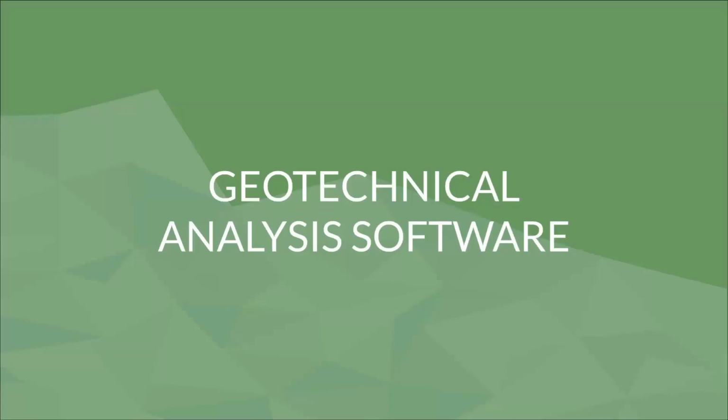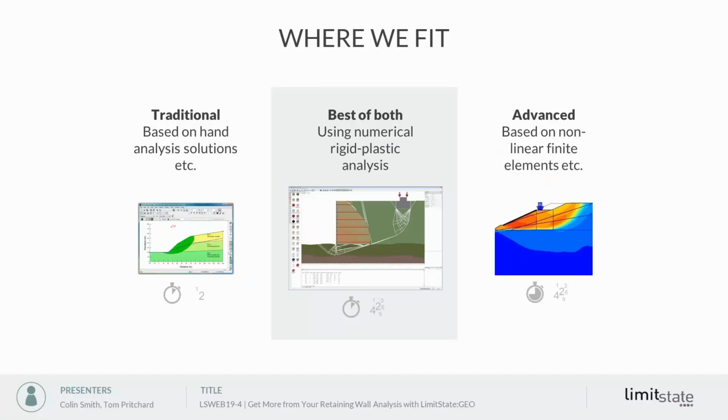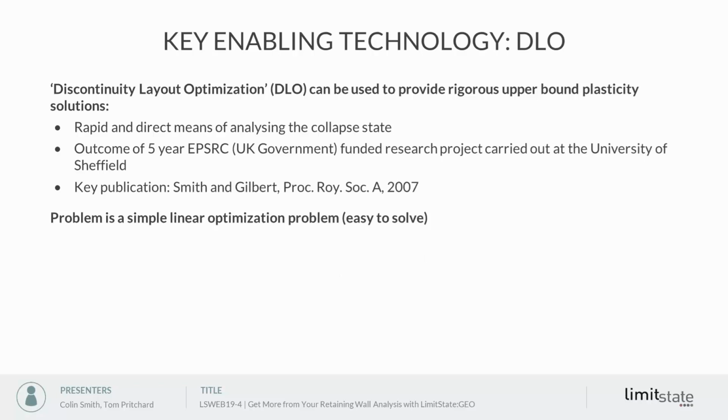In terms of how that compares to other geotechnical analysis software, I showed you this slide before, so just to recap, it gives us the flexibility of the finite element approach and the simplicity of the traditional methods, and how it does that is based on the analysis method that it adopts. It uses a technology called discontinuity layout optimization, which provides rigorous upper bound plasticity solutions.